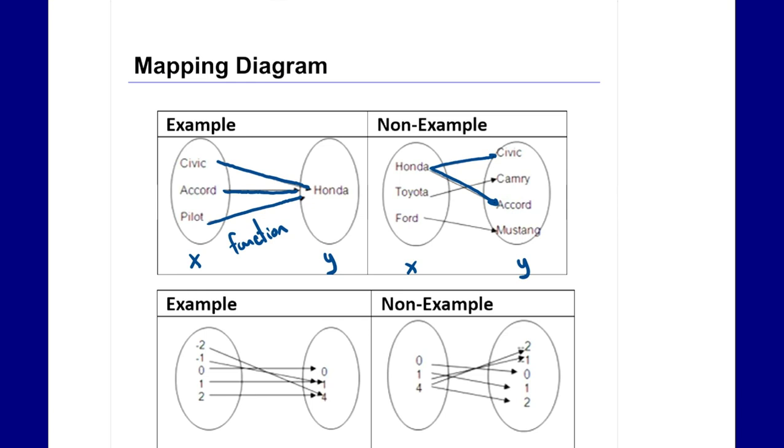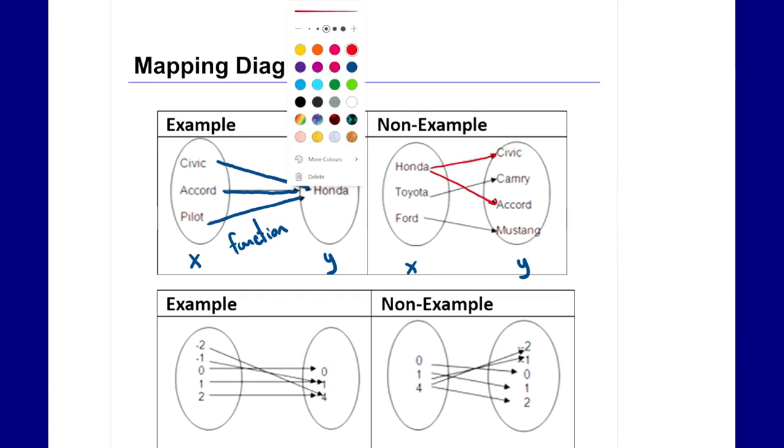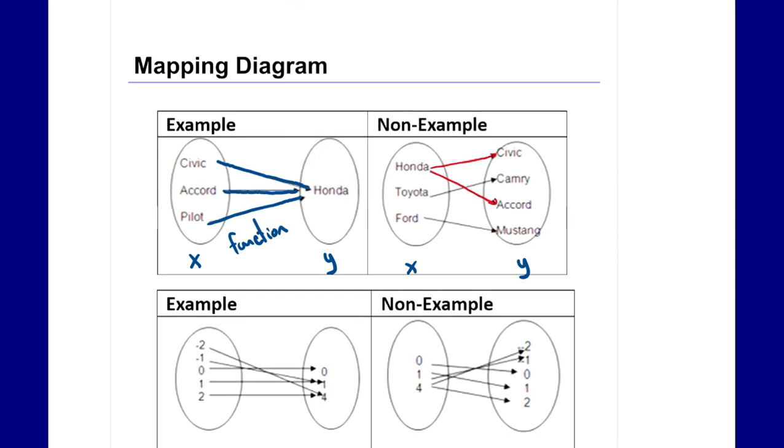That is the reason this is not a function: we have two possible y values for this one x value. Even though for Toyota and Ford there's only one value, that one x value has two possible values, so it's not a function.